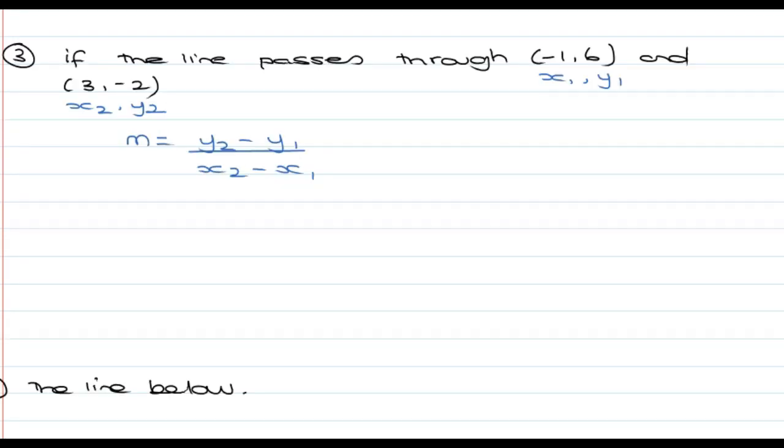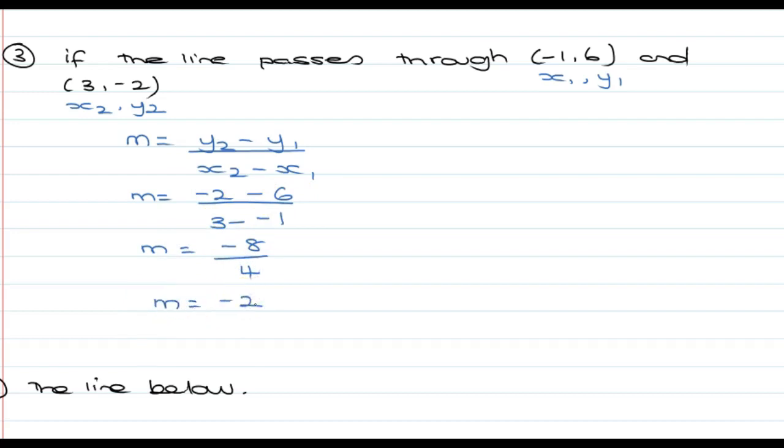So now it's just a simple case of substituting in the values. So y2 is -2, and we need to take away y1, which is 6, divided by x2, which is 3, take away x1, which is -1. So obviously this becomes a plus here. So I get on the top -8 divided by 3 plus 1, which is 4, leaving us the gradient as -2.